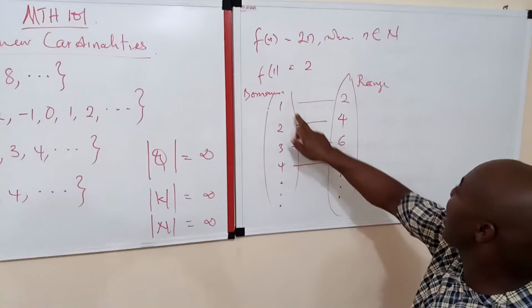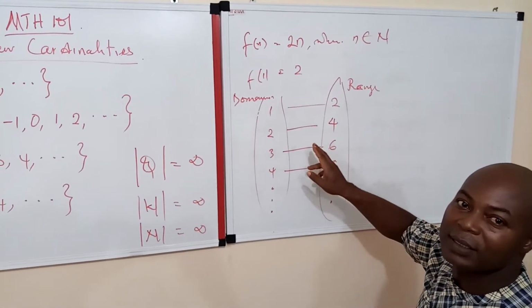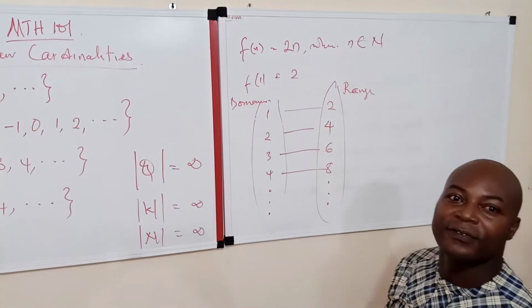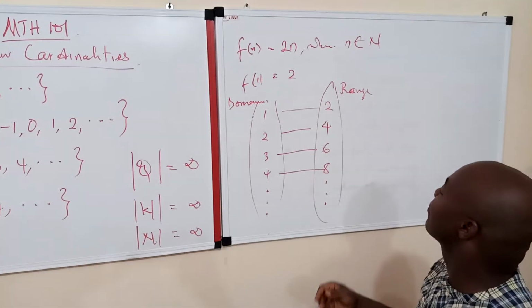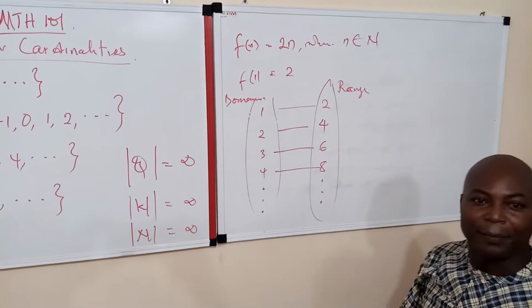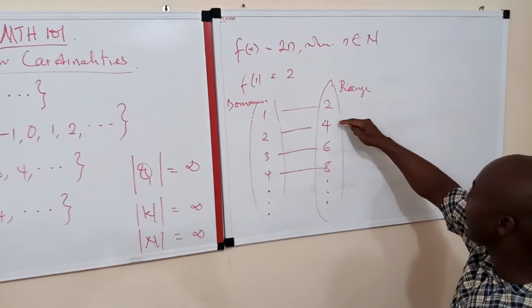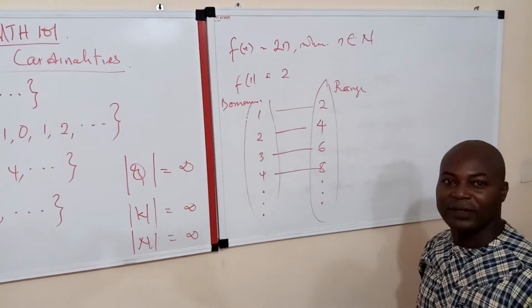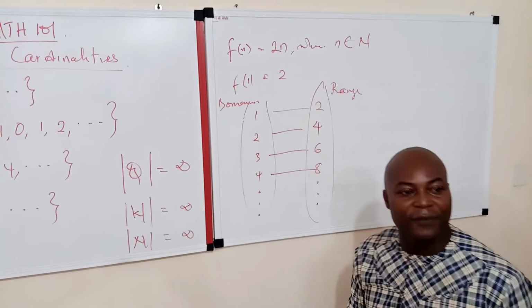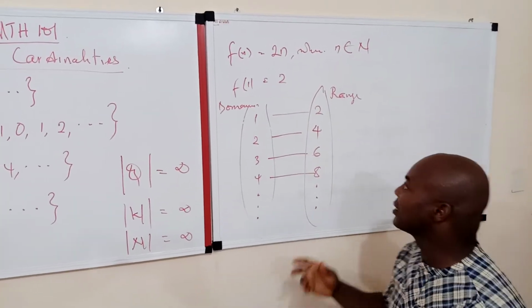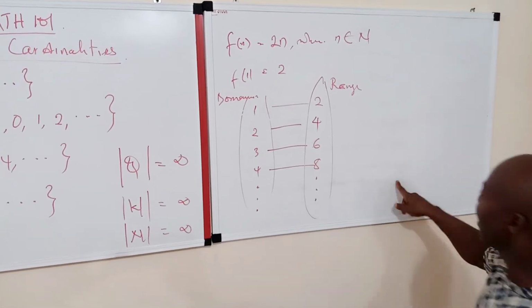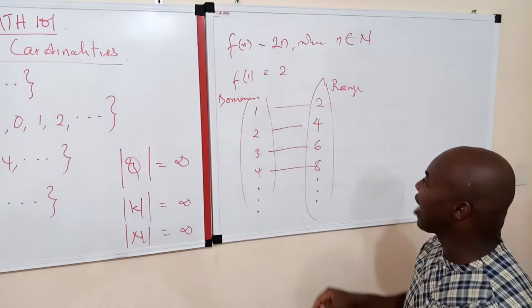Now in this case, you can see that in this mapping, there is one-to-one correspondence. So this is a function and is injective. And you can see that all the elements in the range are also mapped. Therefore, this one is also surjective. And in our previous video, we have concluded that if a function is injective and at the same time surjective, that function is a bijective function, confirming the earlier statement that we have made.